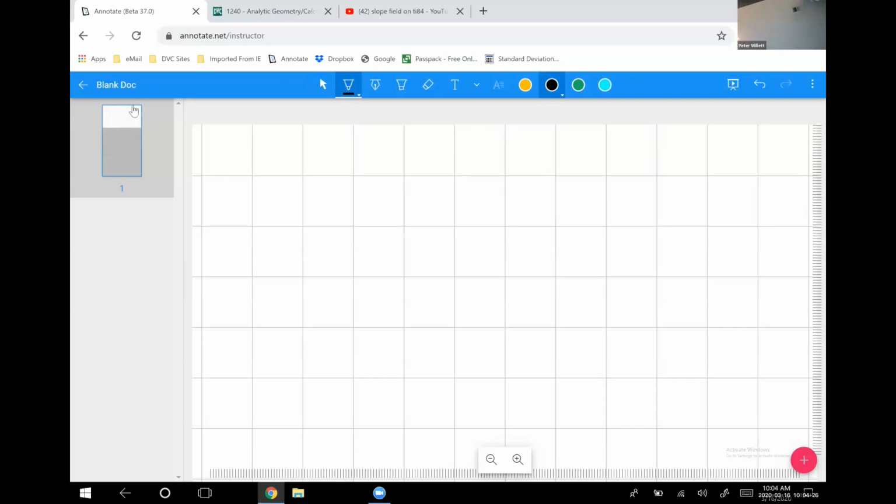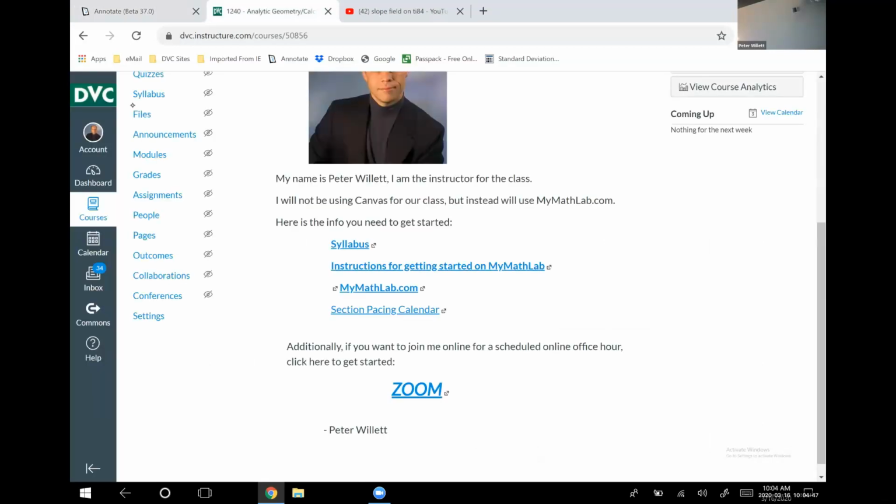So let's consider, too many dots. I'm looking at example 3. Uh-oh, lost my screen here.